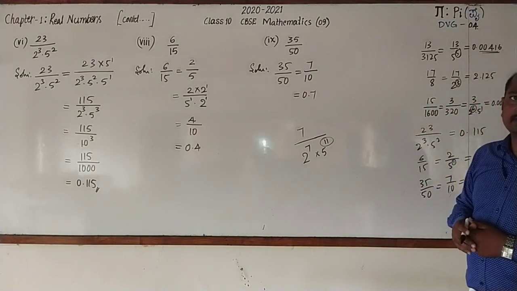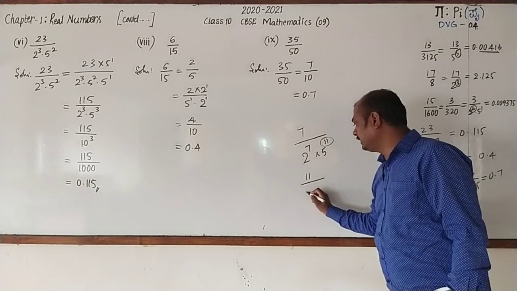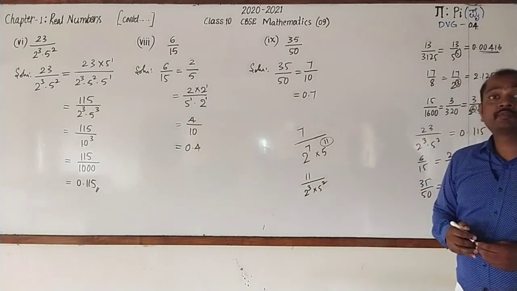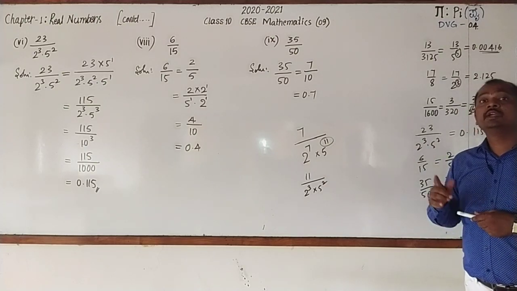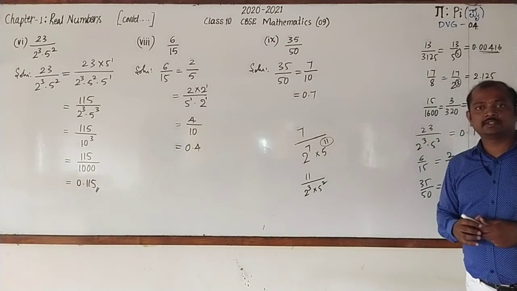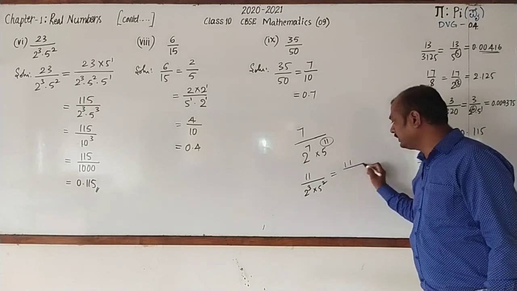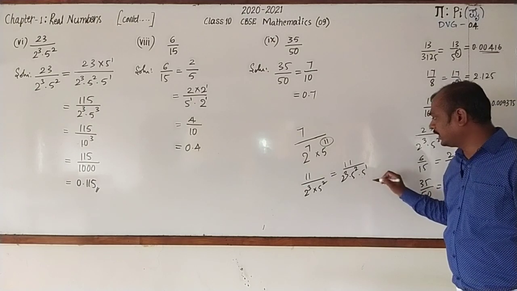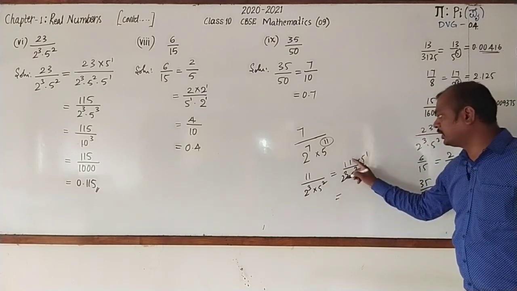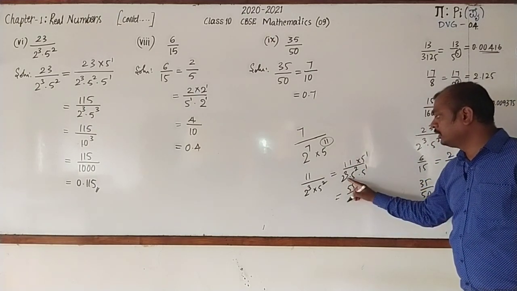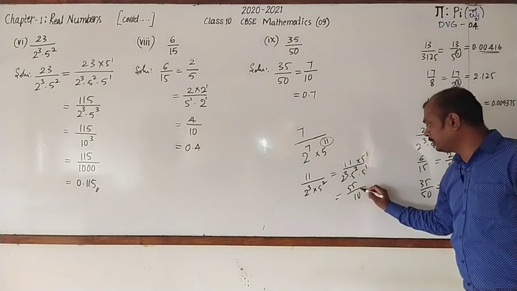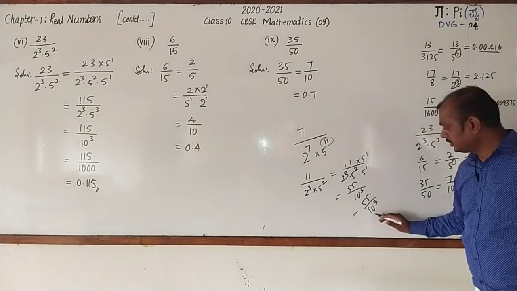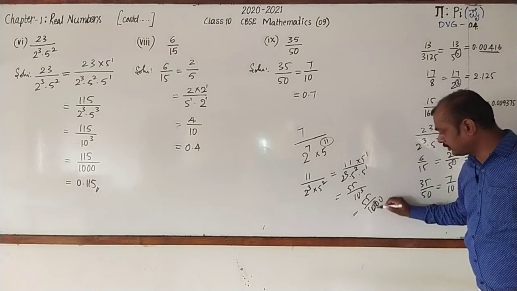You can also check that. Similarly, 11 by 2 cube into 5 square. After how many digits will it terminate? It will terminate after 3 digits. You just check that. 11 by 2 cube into 5 square. What should be multiplied? 5 raised to the power 1. 11 5s are 55. 2 cube, here 5 cube, so it will be 10 cube. 55 by 10 cube. 10 cube is nothing but 1000.